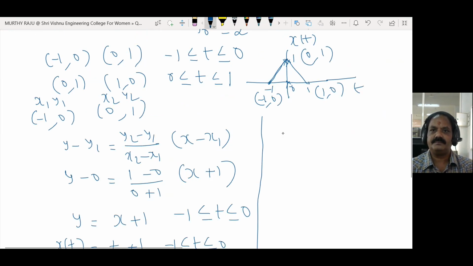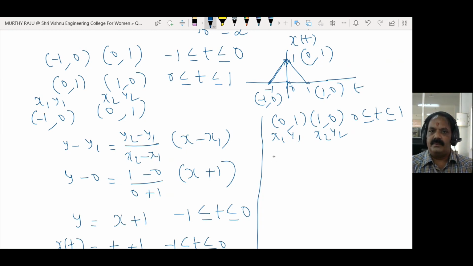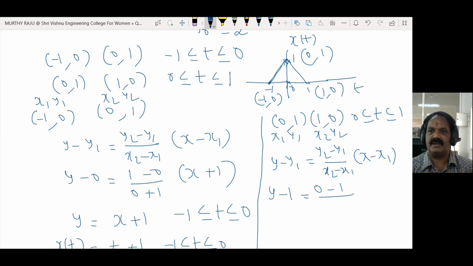Similarly, consider the interval 0, comma 1 and 1, comma 0, with 0 less than or equal to t less than or equal to 1. With x1, y1, x2, y2: y minus y1 equals y2 minus y1 by x2 minus x1 into x minus x1. Y minus 1, y2 is 0 minus y1 which is 1, x2 is 1 minus x1 which is 0, times x minus x1, which is 0.